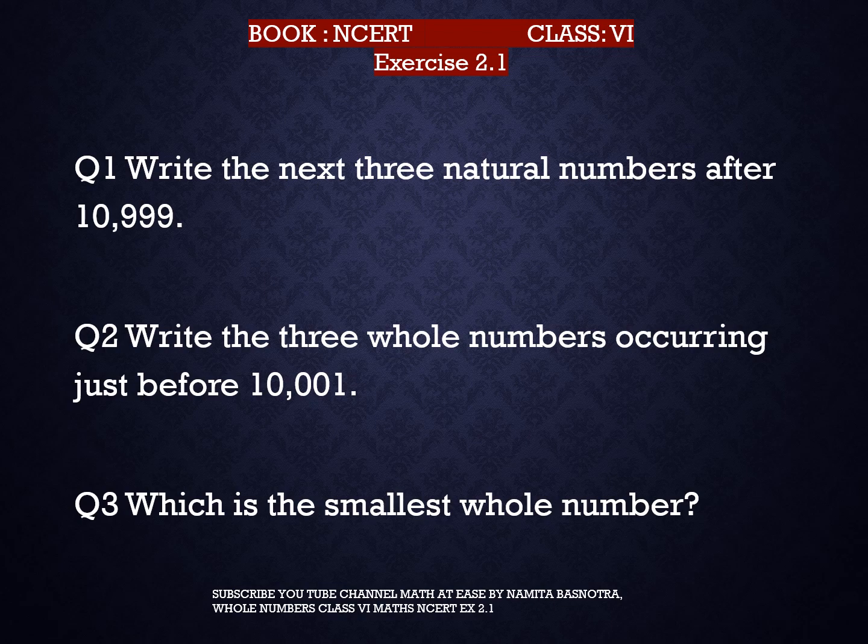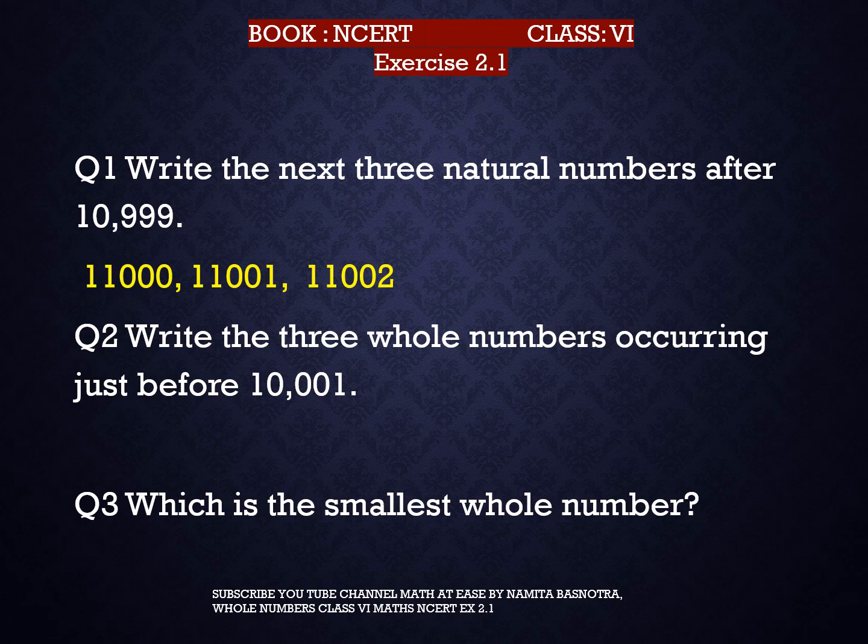Now when you have to find natural numbers which are after 10,999, which is question number 1, you will be adding 1 to it. So when you add 1 to 10,999, you get 11,000. So that is your first number. After that, 11,001 and 11,002. So let's do question number 2, where you have to write 3 whole numbers occurring just before 10,001.